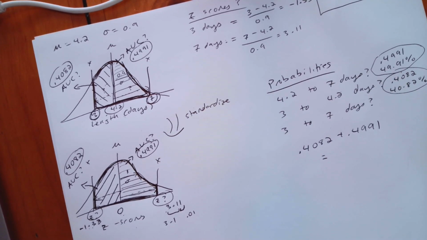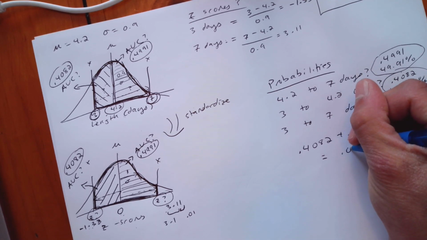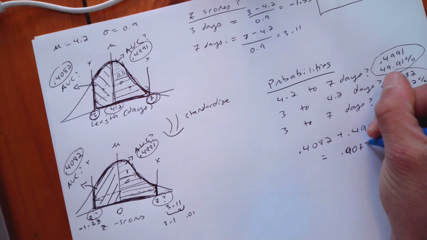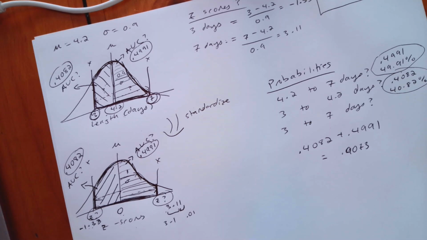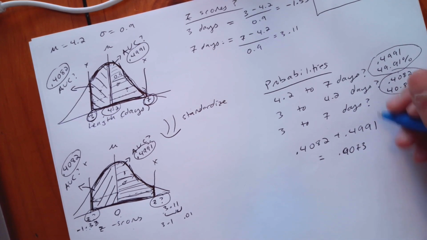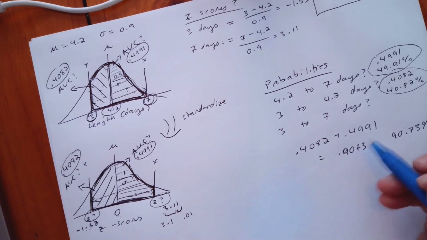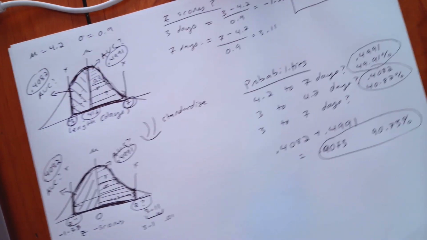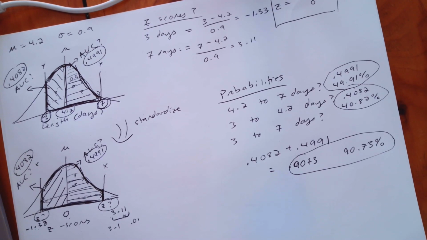And if we add together 0.4082 and 0.4991, we're going to come up with a final probability of 0.9073. In other words, we have a probability of 0.9073, or we could also state this as a percent, 90.73%, that we're going to have a trial that lasts between 3 days and 7 days.